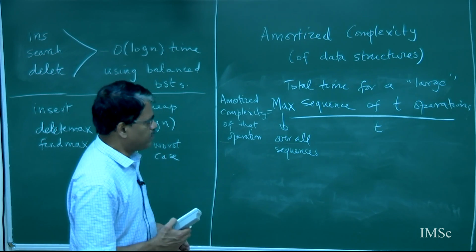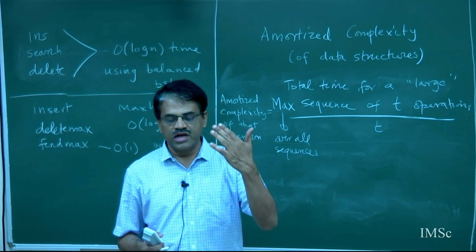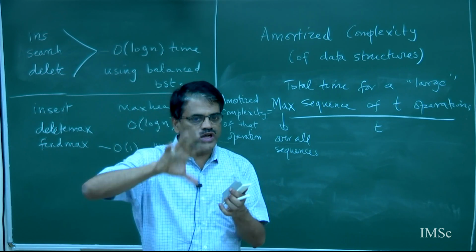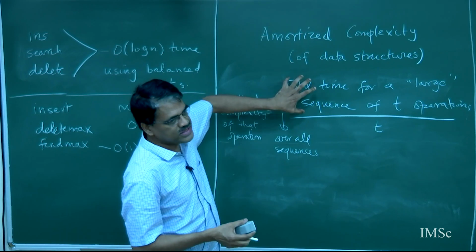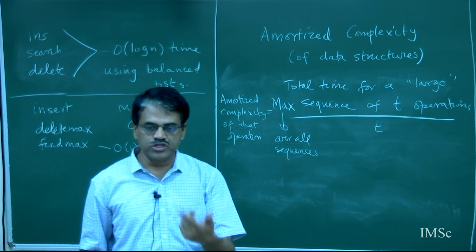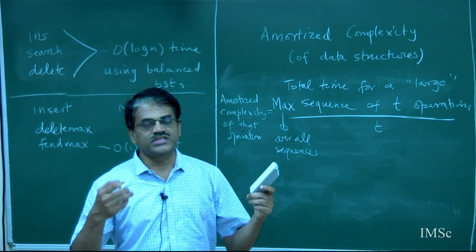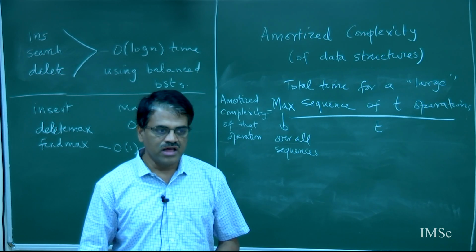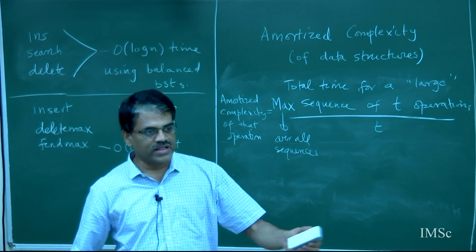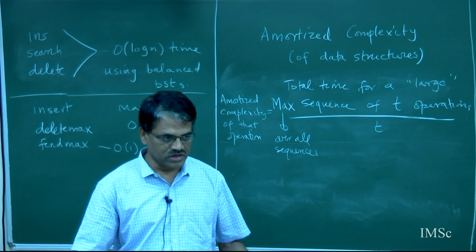So my favorite example is, suppose I want to find out your average daily expense. I care only about your total monthly expense, right? The total for this sequence is more important to me than the maximum you spend on any single day. So I ask, what is the maximum you spend on any single day? You paid your mess fees, 2,000 rupees. So I'll multiply by 30 and say 30 into 2,000, your monthly expense is at most 60,000, right?